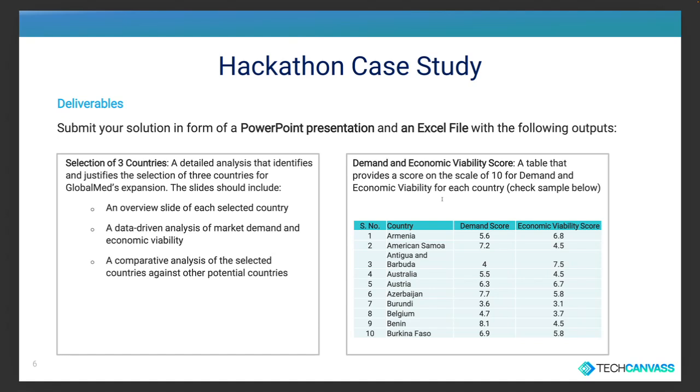The second deliverable was to create 2 standardized scores for every country, a demand score and an economic viability score, both on a scale of 10. These scores made it possible to compare countries objectively using a consistent framework, which eventually became the foundation of my Excel model.